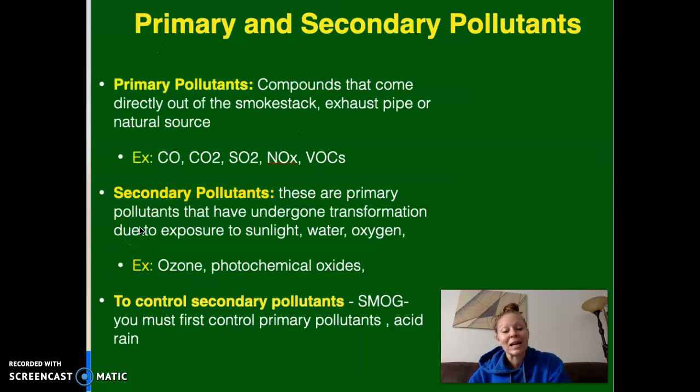Finally, our last slide. Let's think about the difference between primary and secondary pollutants, because we've talked about both of these in this lecture. Primary pollutants are compounds that come directly out of a smokestack, an exhaust pipe, or a natural source.